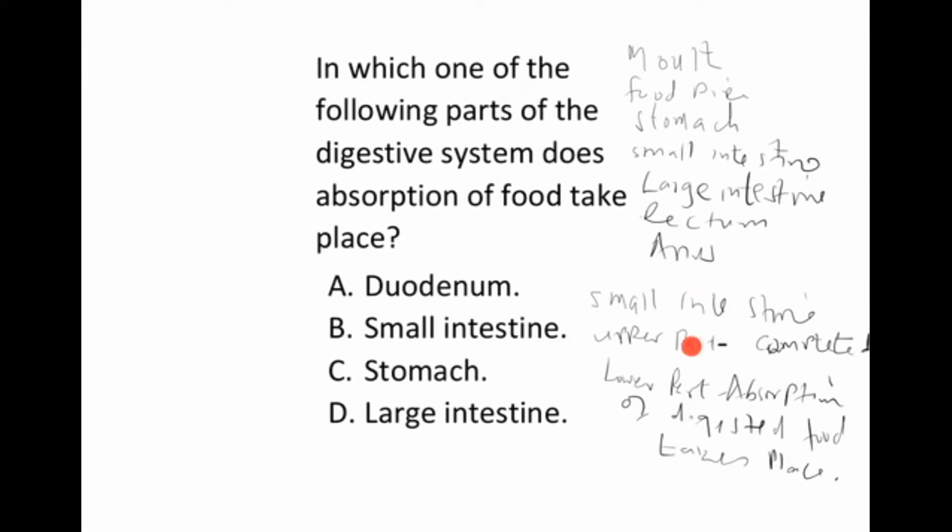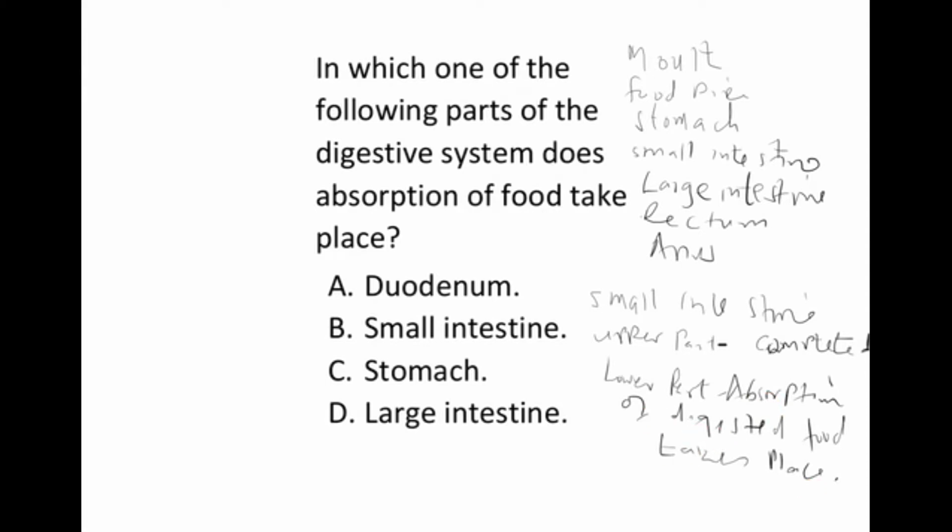The upper part is where digestion is completed, and that's the reason we say the digestion of food starts in the mouth and ends in the small intestine. On the lower part of that small intestine is where absorption of the digested food takes place into the bloodstream.